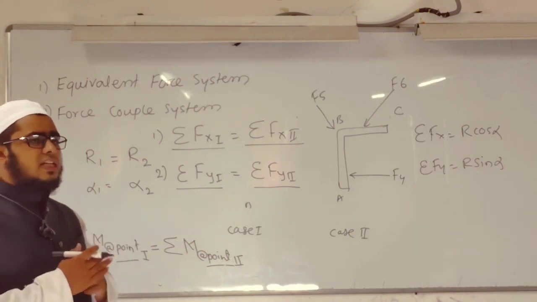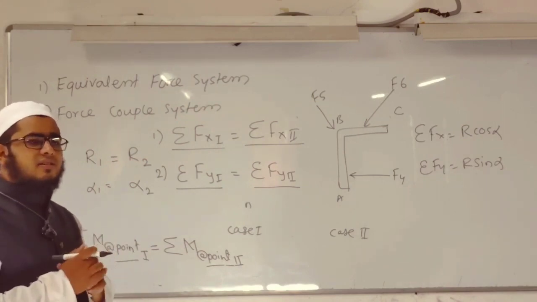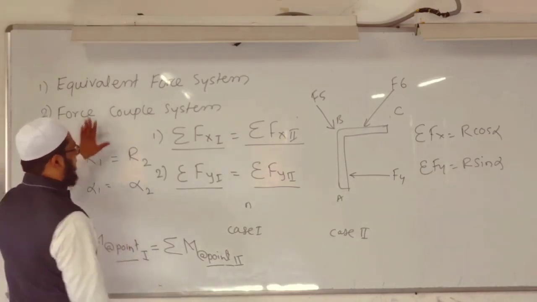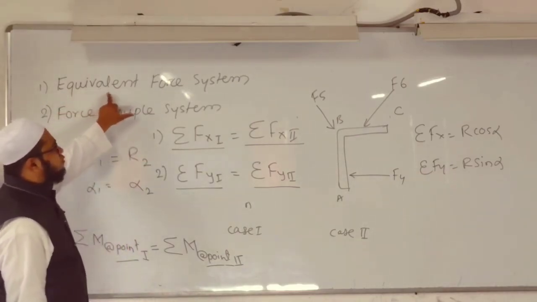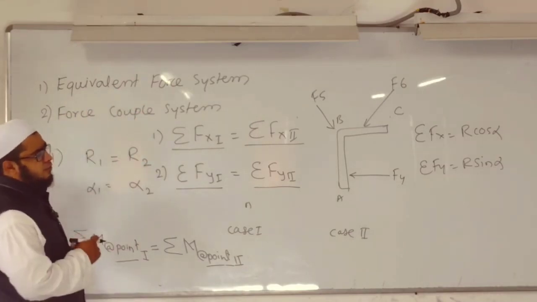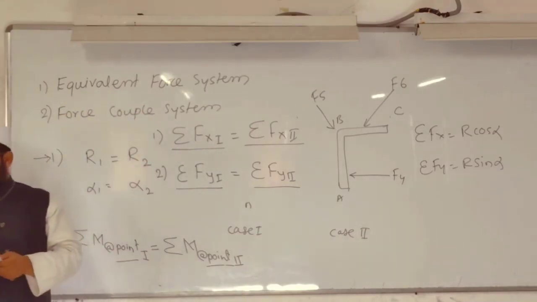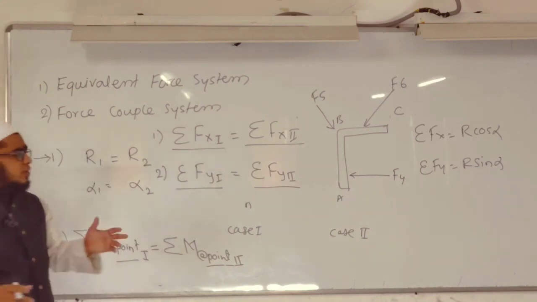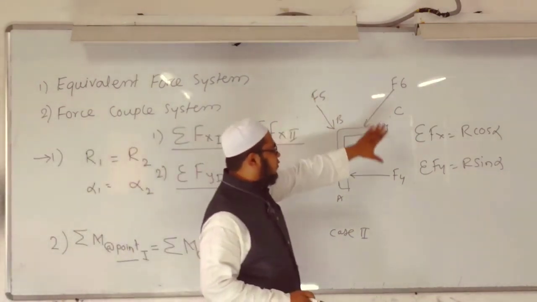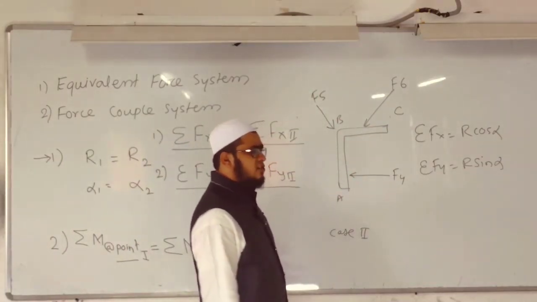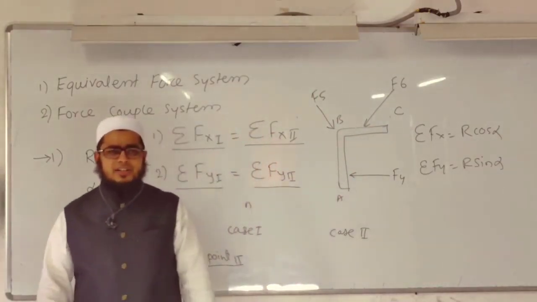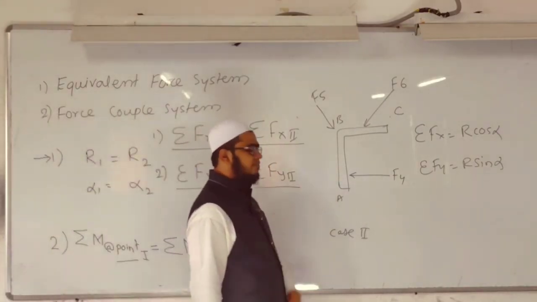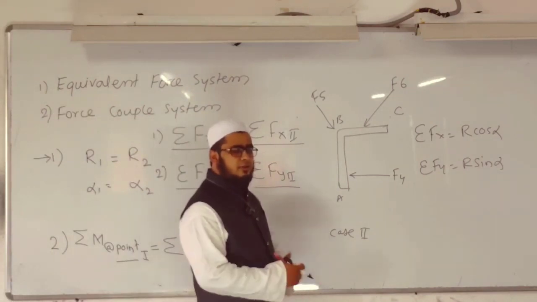Whenever these three conditions exist between the two force systems, then those force systems are said to be equivalent to each other. Equivalent force systems. Then how to determine the equivalent force system? If some force system is given, for example, this force system ABC, and in the statement they have asked to determine the equivalent force system consisting of a single force about point A, then what will we do?